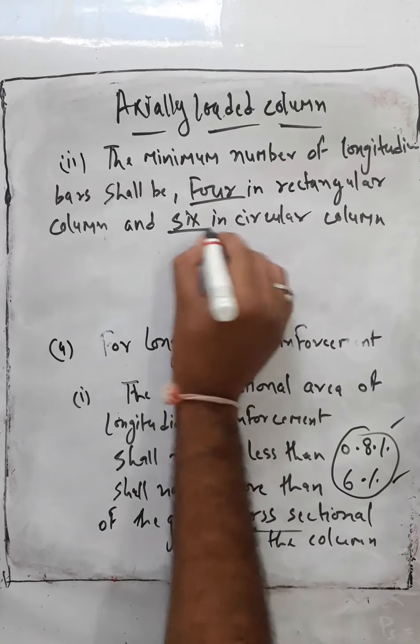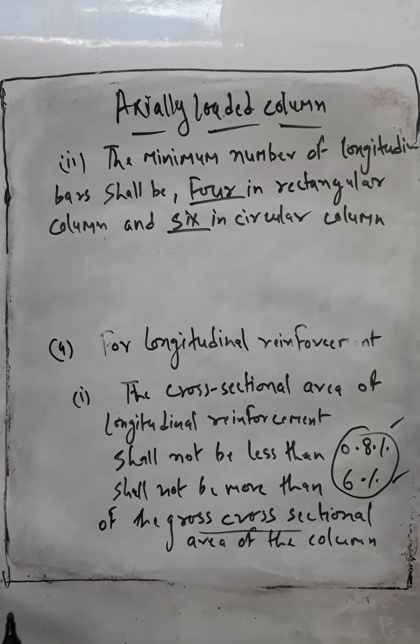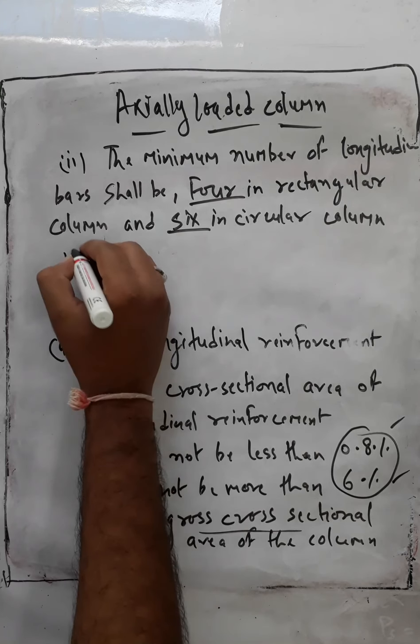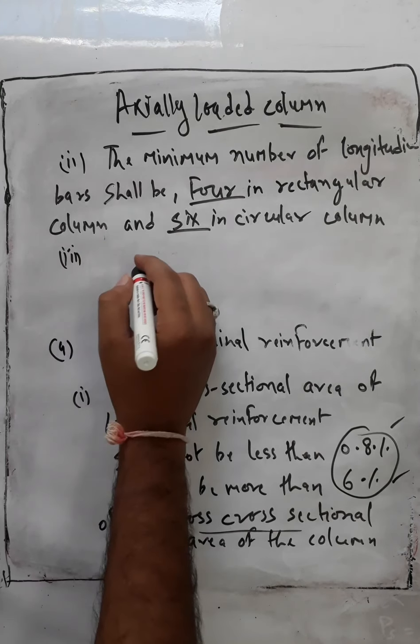You remember these two things also. In rectangular column we provide 4 bars as a minimum of longitudinal bars, and for circular we provide 6 as a minimum of longitudinal bars.